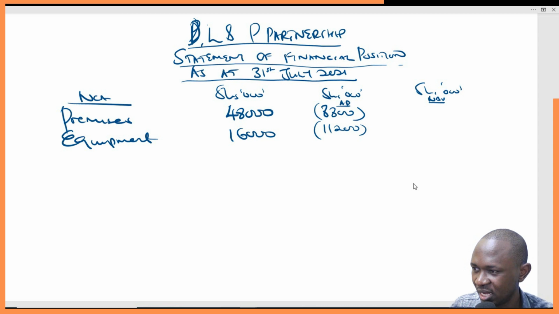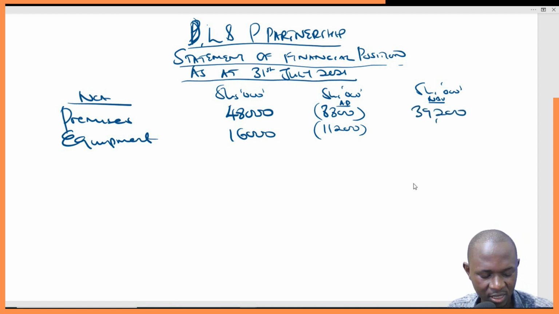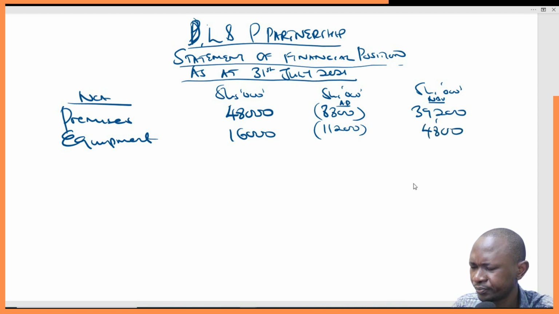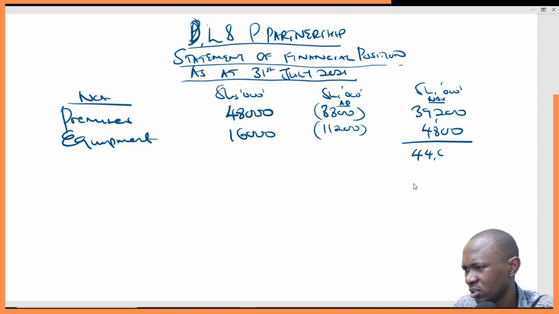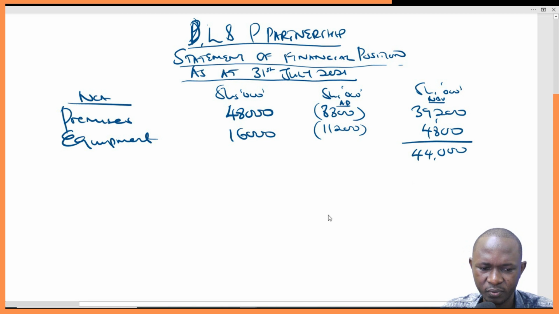What we get is 39,200. And then for this one is 16,000 minus 11,200. The answer is obvious, 4,800. So this will give us 44,000.